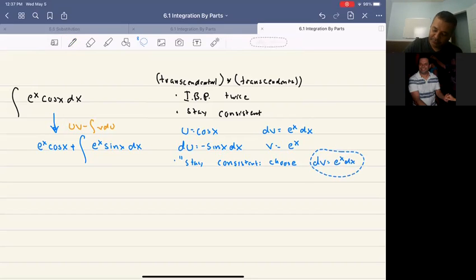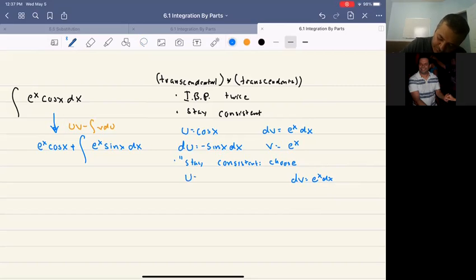So my u is sine of x, my du is cosine x dx, and my v is e to the x.